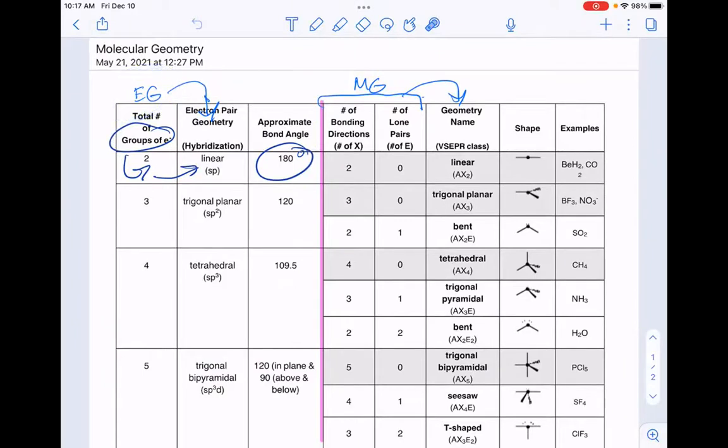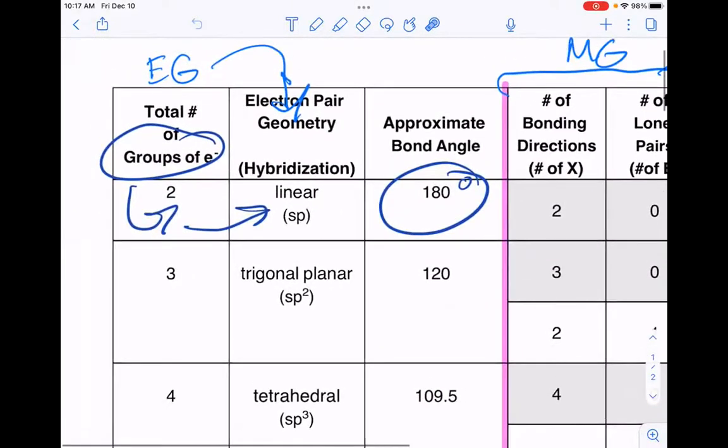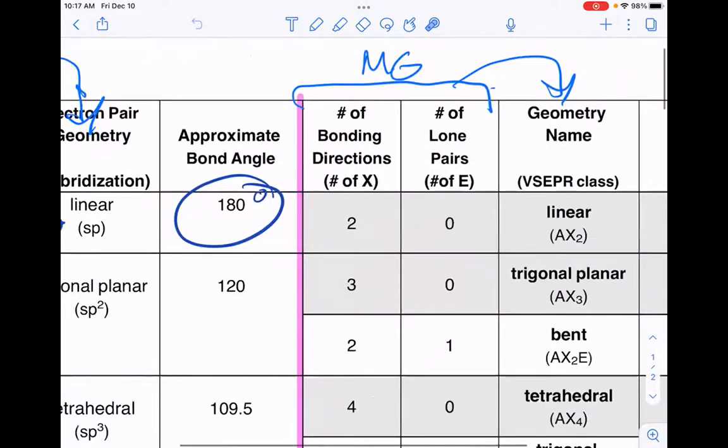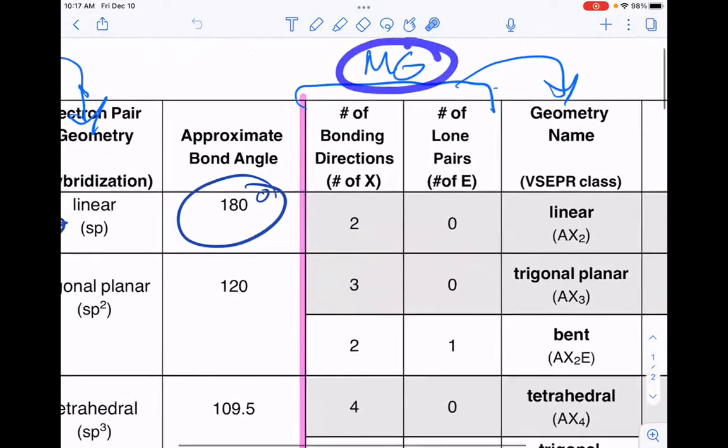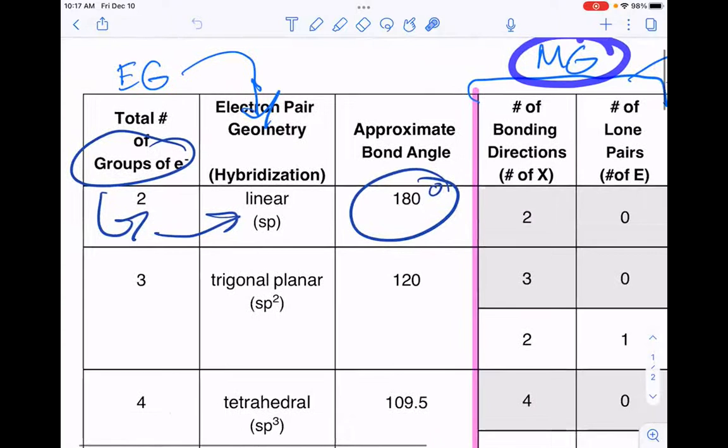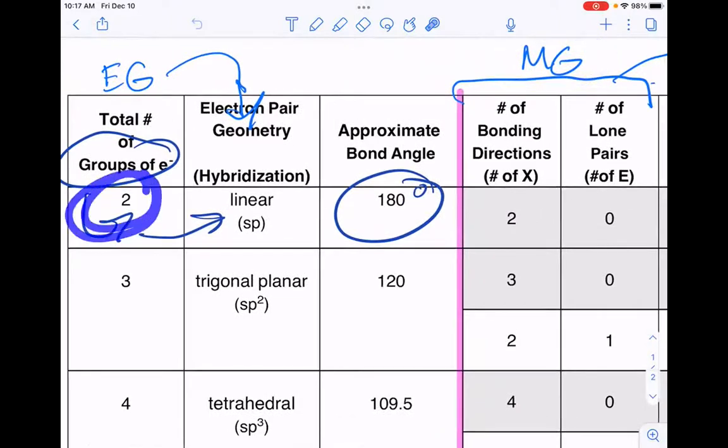When we're trying to identify the electron geometry, we're determining how many groups of electrons surround the central atom. When we're determining molecular geometry, we distinguish, out of the number of groups of electrons, how many of them are bonding and how many of them are lone pairs.